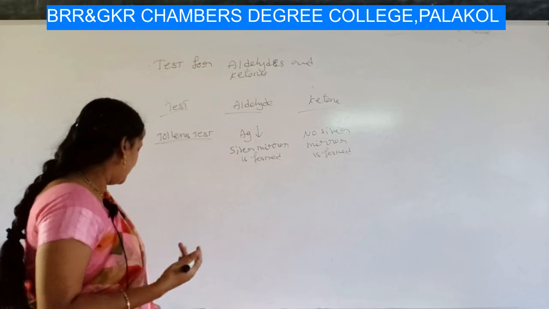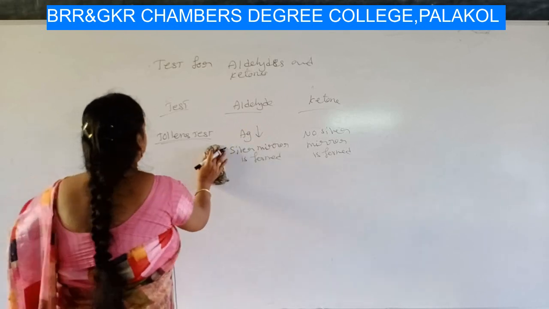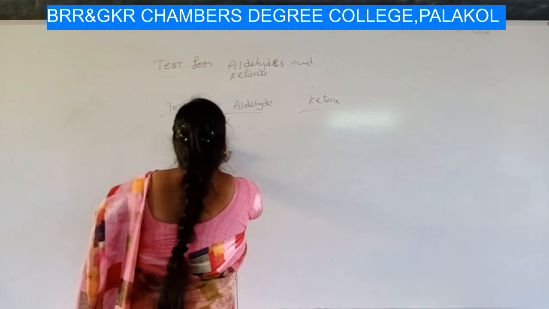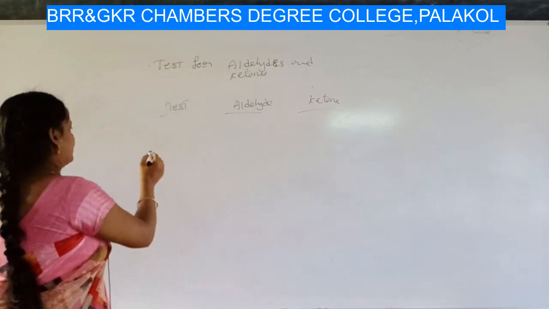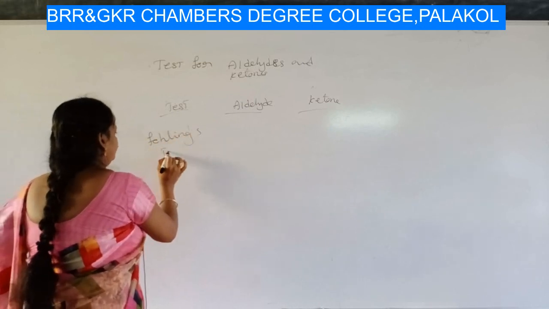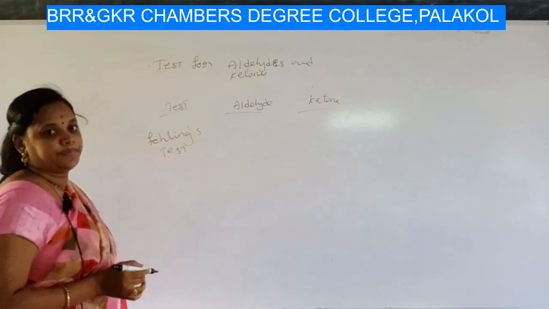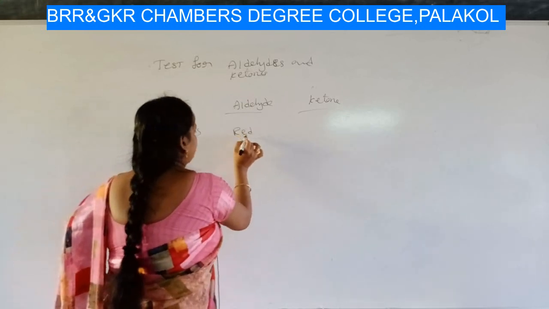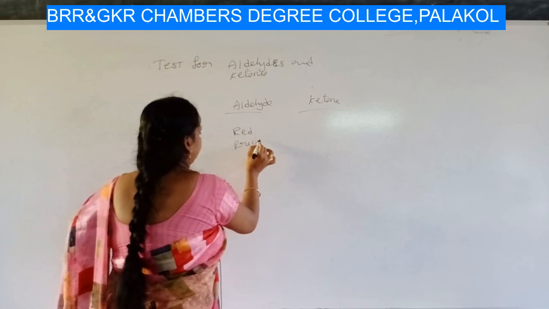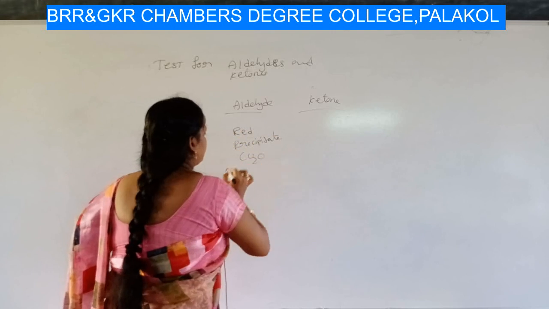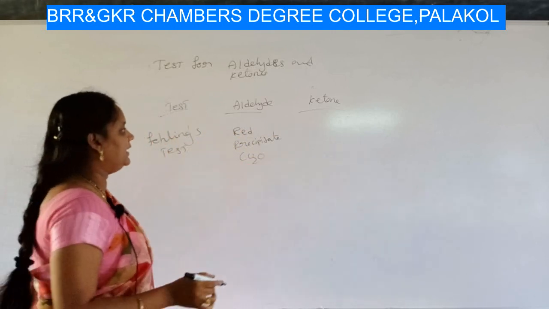Okay, students? Next test. Fehling's test. If you do Fehling's test, a red precipitate due to deposition of cuprous oxide is observed in aldehyde.